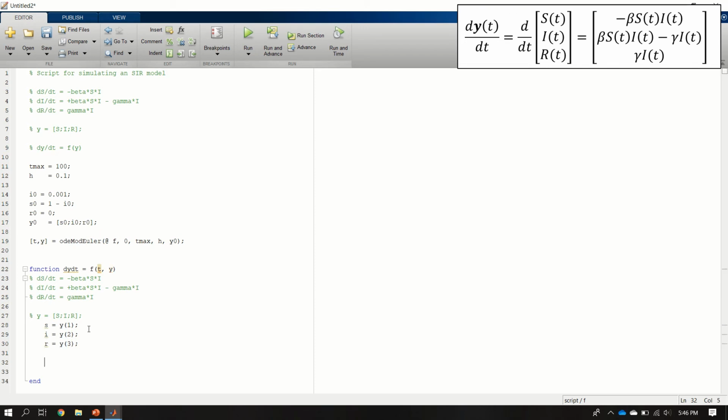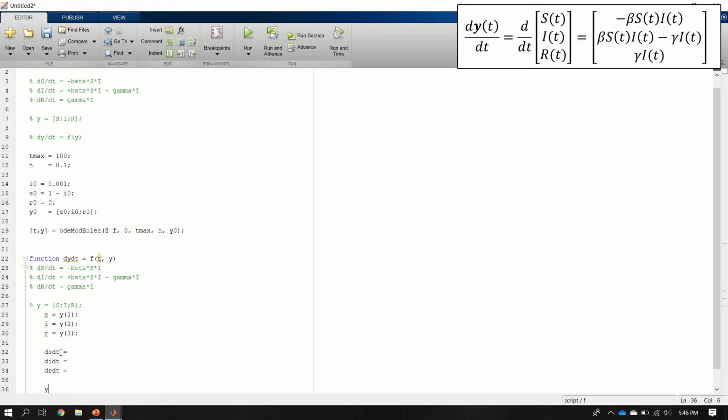We want the output here to be the derivative of y. So we need to find the derivative of S, the derivative of I, and the derivative of R, and then we just plug that back into this dy dt vector to be more precise: the dS dt, the dI dt, and the dR dt.